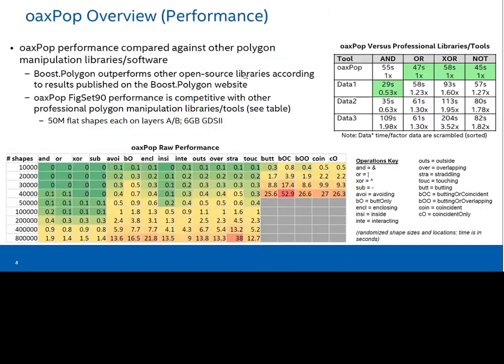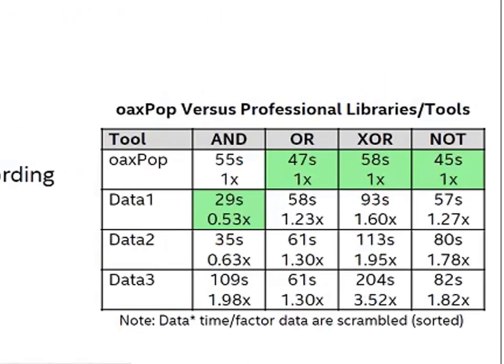I've shared this previously as well, but again, just to give an idea of performance and capacity, that seems to be a key question with this. In the upper right, I have a table that shows some analysis that I did against some other professional Polygon manipulation libraries or tools.